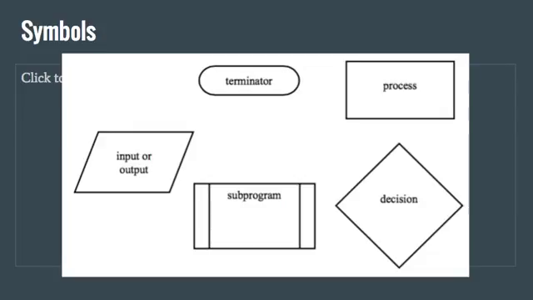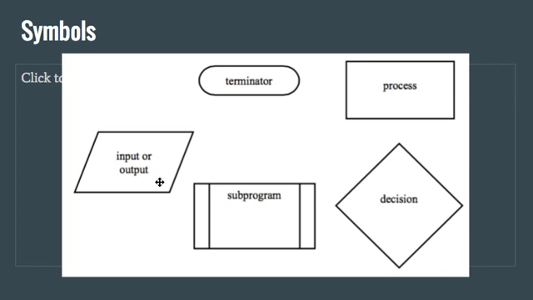So here we have the standard symbols that we use for our flowcharts. Very quickly, we have a terminator, the start or the end symbol, that oval shape. Processes are in rectangles or squares. Decisions: anytime the pathway deviates from the main line, we have a decision shape here, where two paths come from.